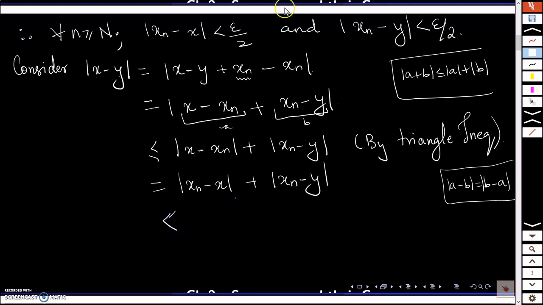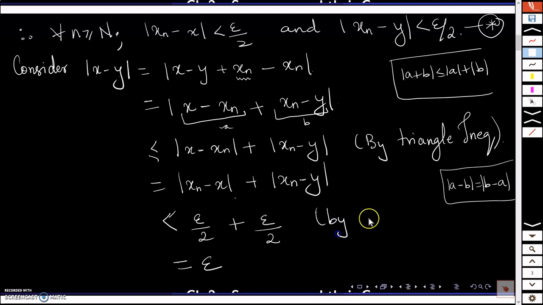So this is strictly less than, I can call this star, this is strictly less than epsilon by 2 plus epsilon by 2. And now what is their sum? That is epsilon. So this is equal to epsilon. So this is coming by the statement star.